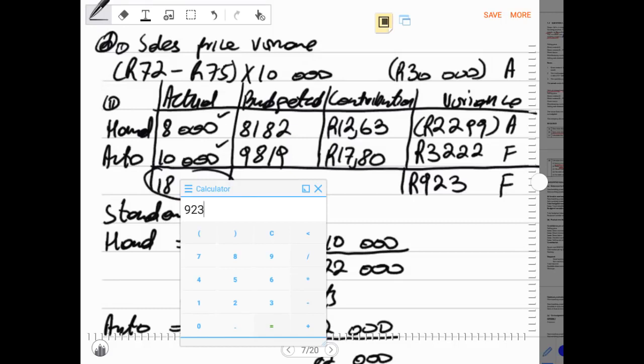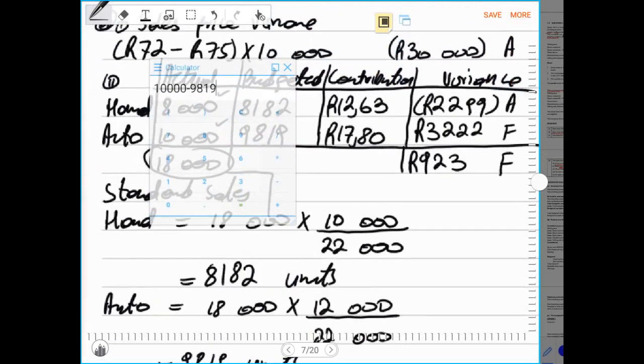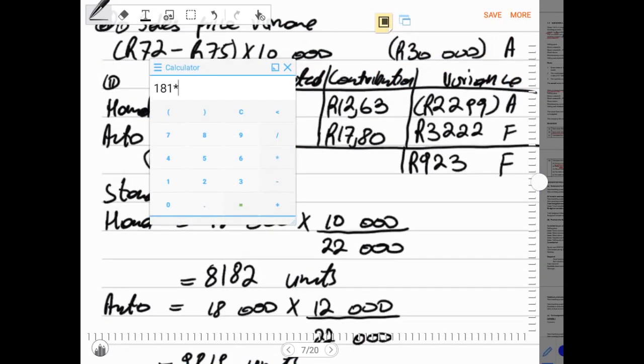So now, let me just confirm this. We have 10,000 units minus 9,819. Then we times this by 17.80, 3,222.